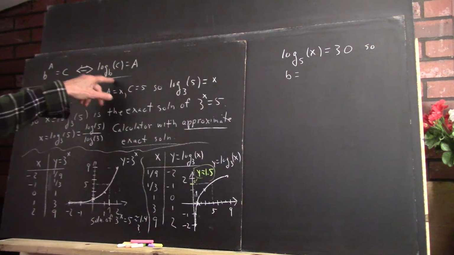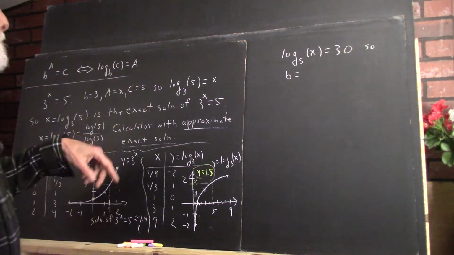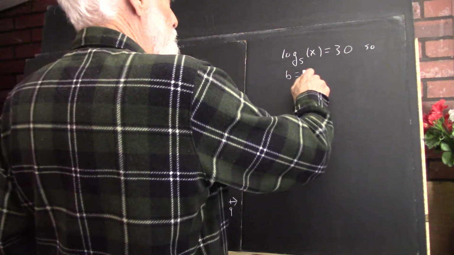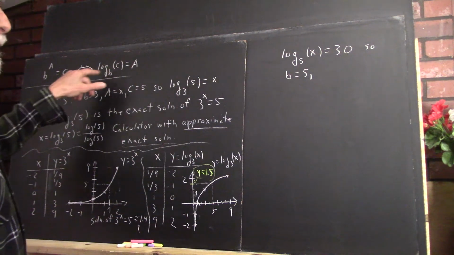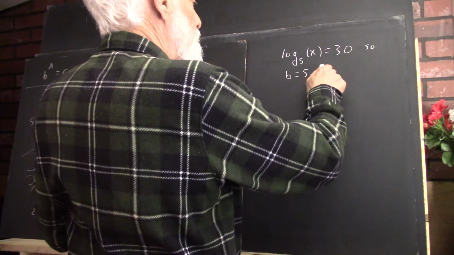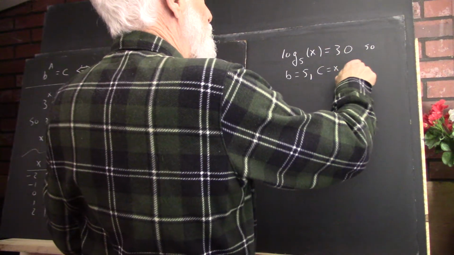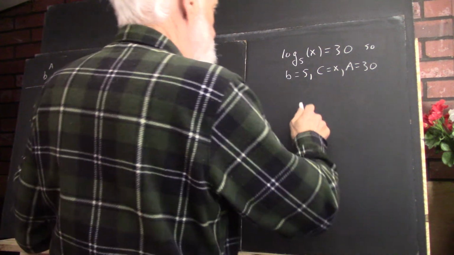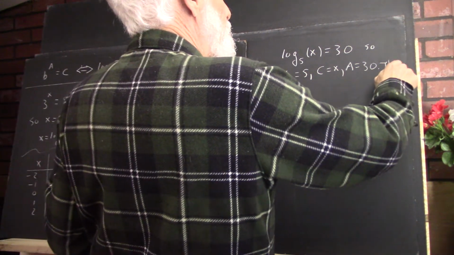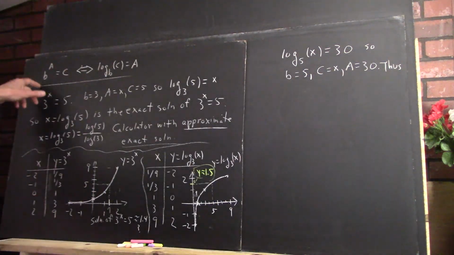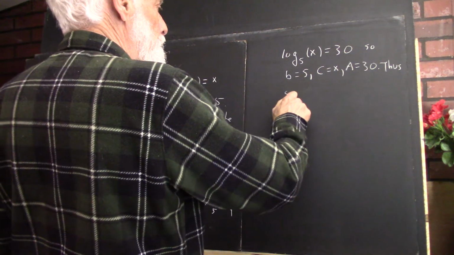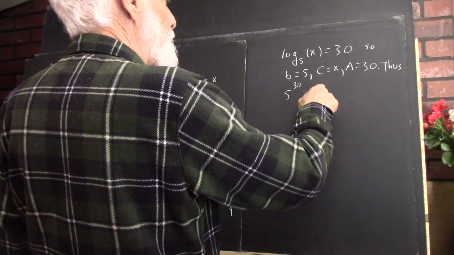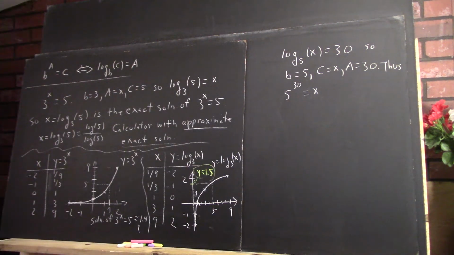Now if we've got log base b of c equals a, then b is 5, c is what you're taking the log of, that would be x, and a is 30. Thus, b to the a equals c, that's 5 to the 30th equals x.